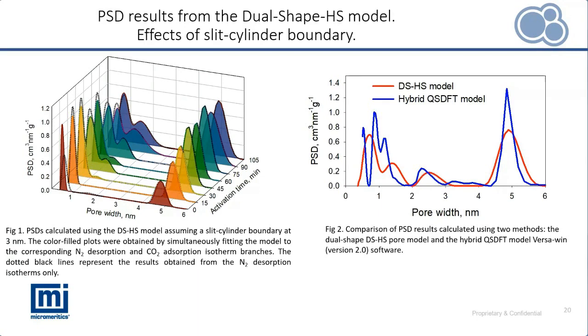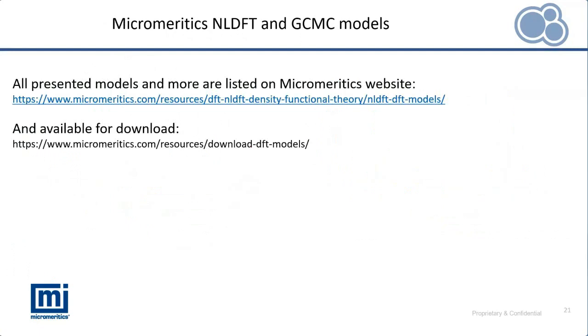The same artifact is shown by the QSDFT hybrid model that has a fixed boundary at 2 nanometers. All presented models and more are listed on the Micromeritics website and are available for download.